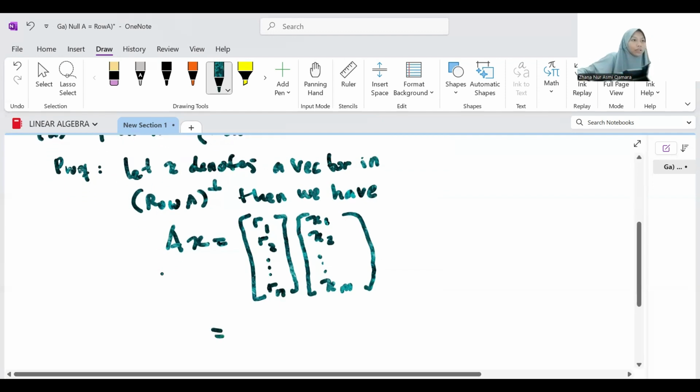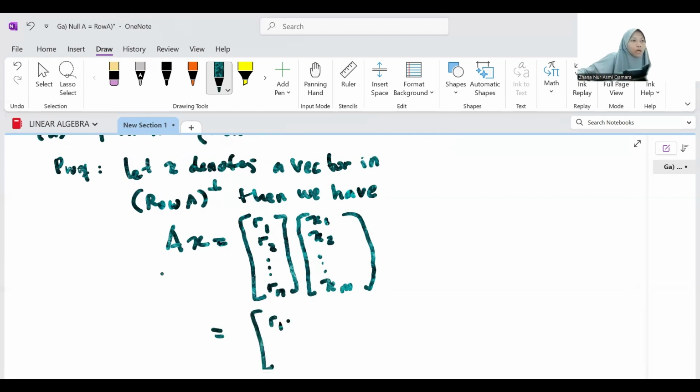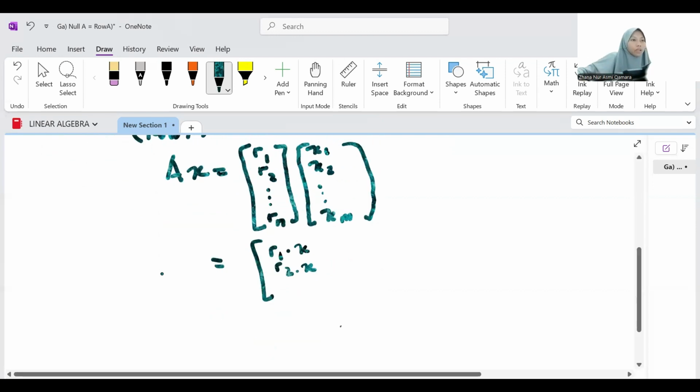And Ax will be equal to R1 dot product x, R2 dot product x, and so on until Rn dot product x.